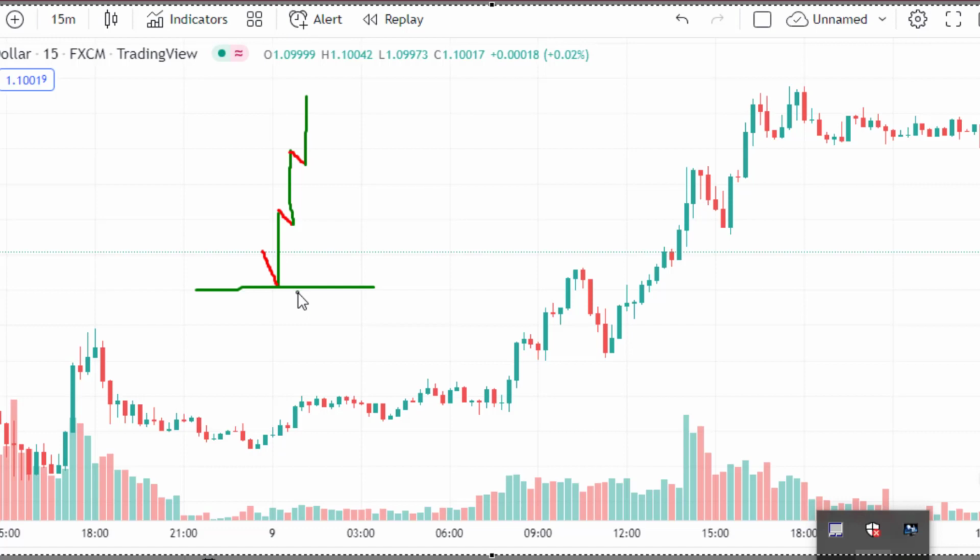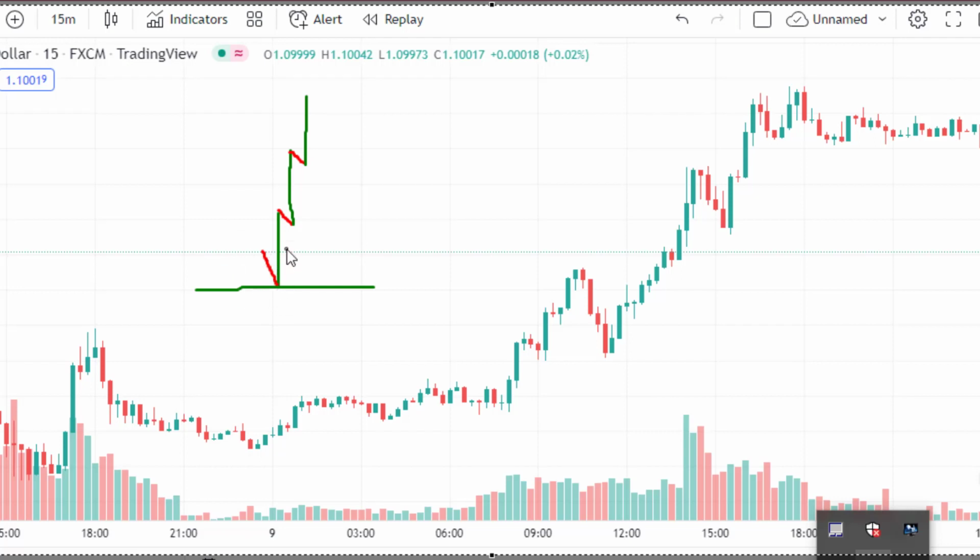It will be very helpful for beginners as well as for those who are already trading in the market. Okay, so now if the market starts from here and goes up, think that it was previously a downtrend market.